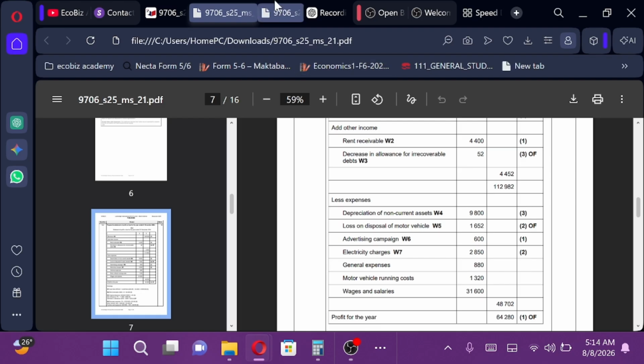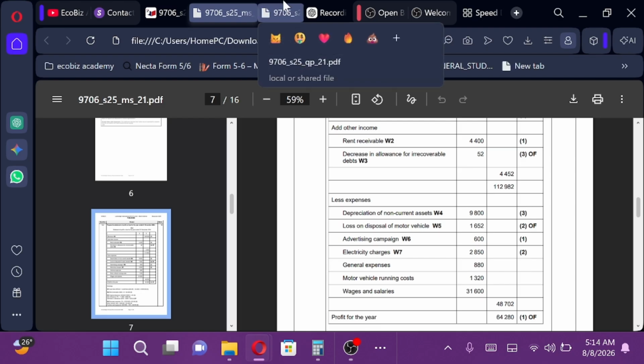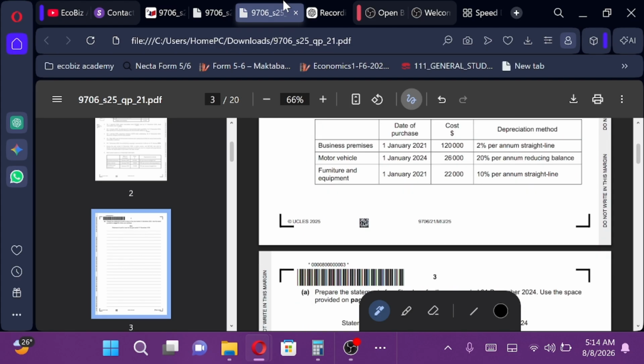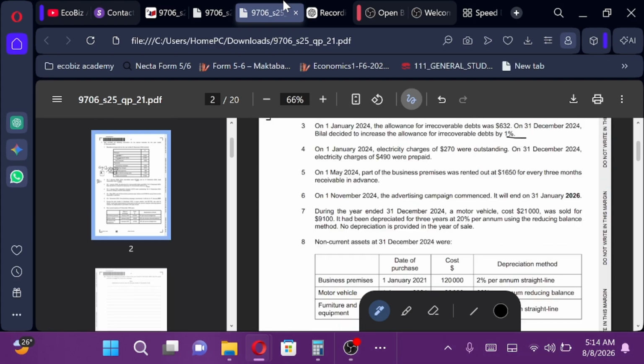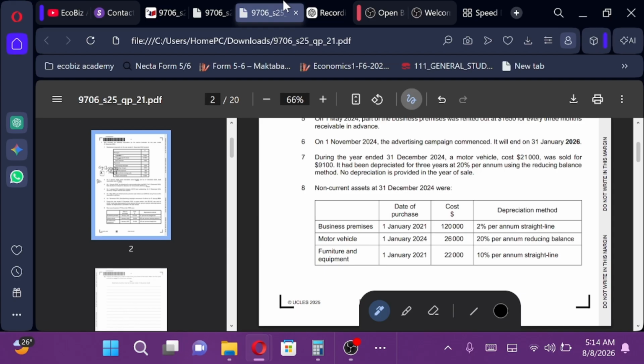So let's go back into the question paper. Let's go down, total expenses. So notice here, we have non-current assets at 31st of December 2024. We have business premises, dated 1st of January 2021, the cost is 120,000.